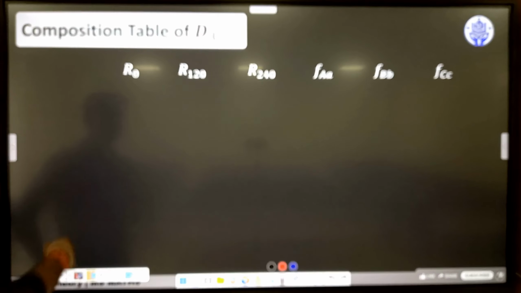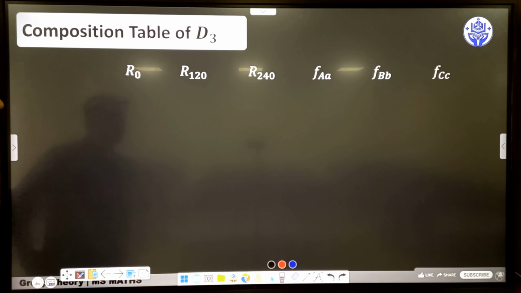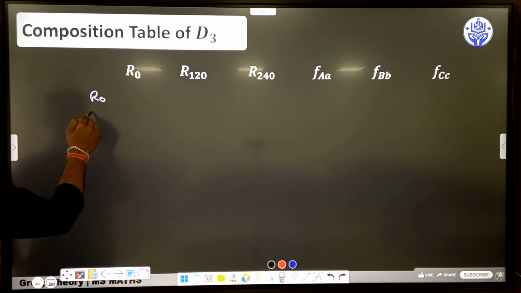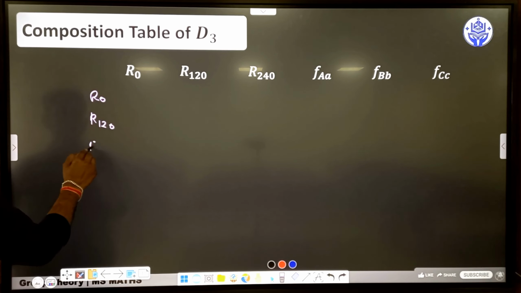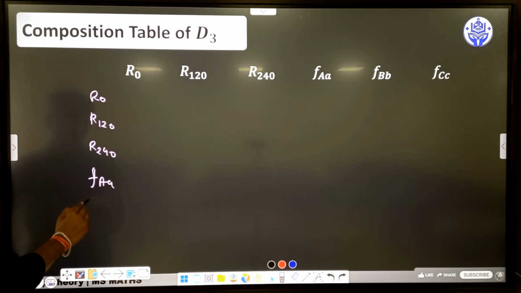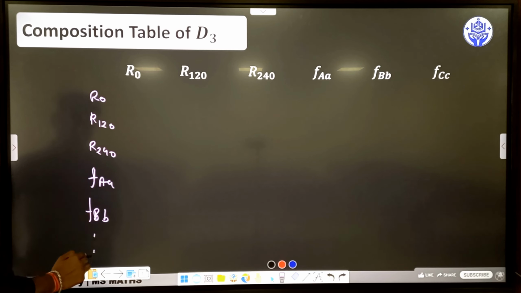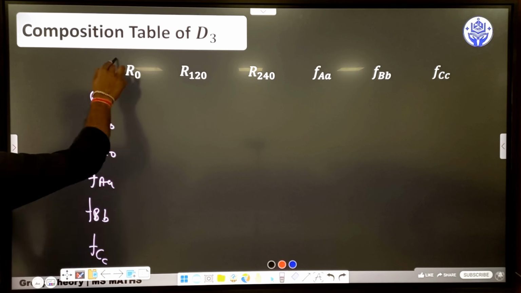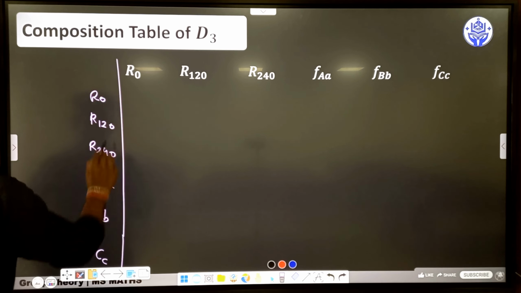Now you can construct the composition table. Yes, from here R0, R120, R240, okay, FAA, FBB and FCC. So from here you can just take multiplication.